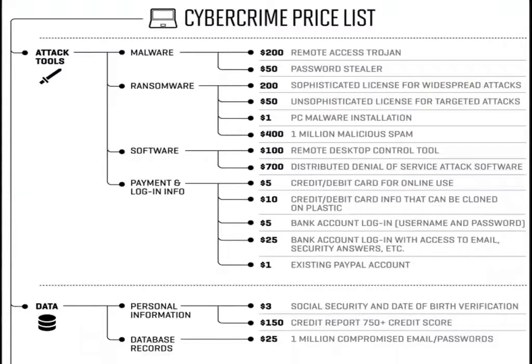And when you look at this slide and you look at the different tools out there, this might be a shock to some people, but you can spend $200 on the dark web and you can get a pretty good piece of malware. The best defense against this is making sure that your patches are up to date, you're using up to date software, and you're making sure that the cost of attack is as high as possible. You can see here that $700 buys a distributed denial of service attack.